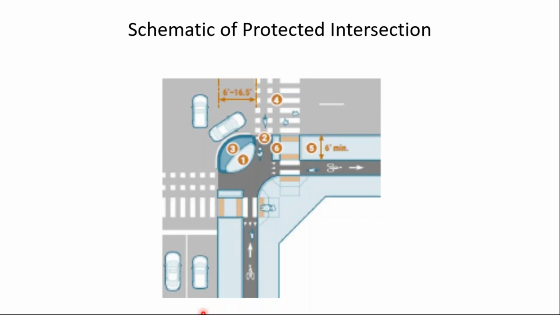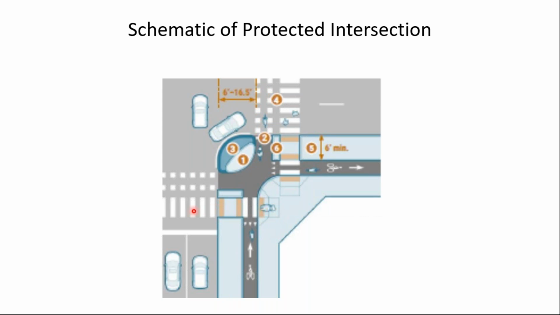So here's a schematic. Notice we have the separated bike lane here and here. Notice the vehicular traffic stops back here, and the bicycles would be here and here, so that they're clearly visible, for example, to right turning traffic. And in fact, these bicyclists then get into the roadway before the vehicular traffic arrives.